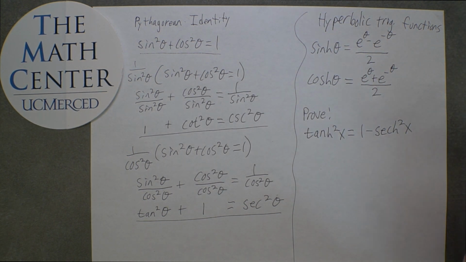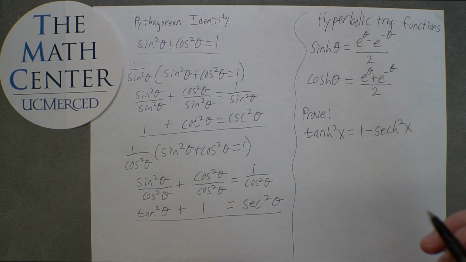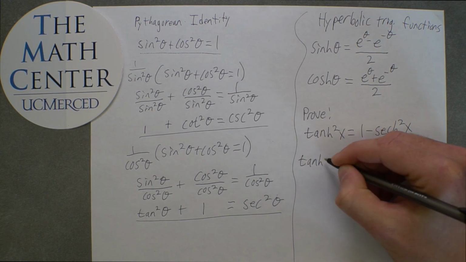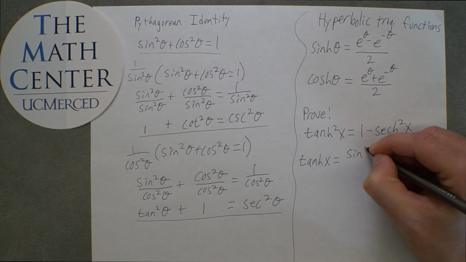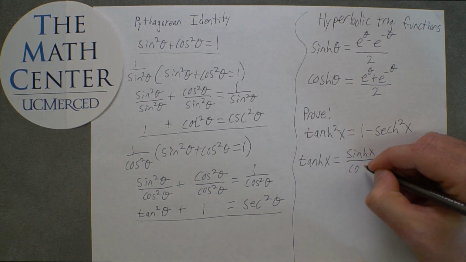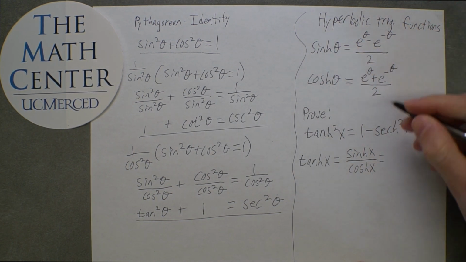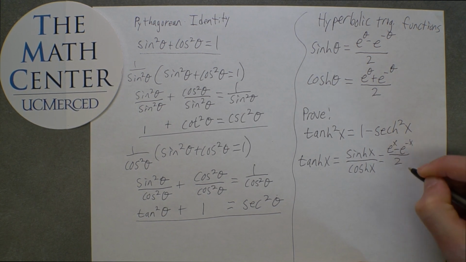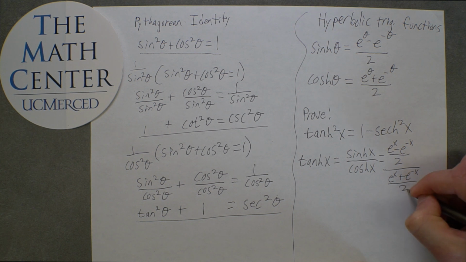So we look at this and we say, hang on, what's this tanh? What's this sech? So let's figure out what tanh is first. Tanh of x is equal to sinh x over cosh x, which is equal to, if we replace it here, e to the x minus e to the negative x over 2 over e to the x plus e to the negative x over 2.